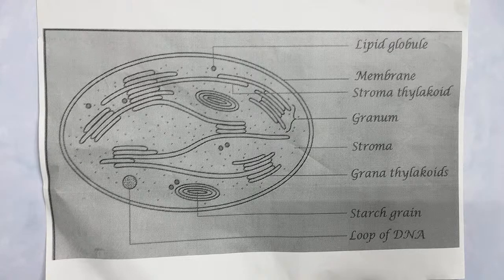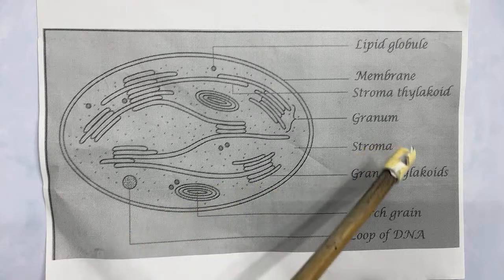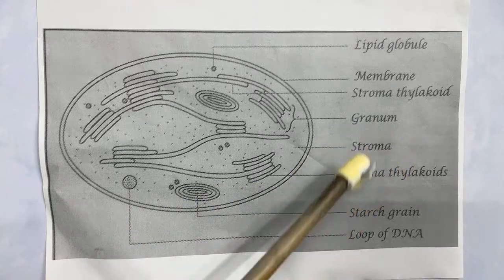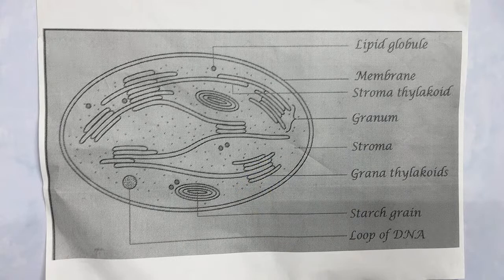Where is the site of this dark reaction? Stroma is the site of the dark reaction. There the dark reaction takes place. The raw material required for the dark reaction is the end material of the light reaction.